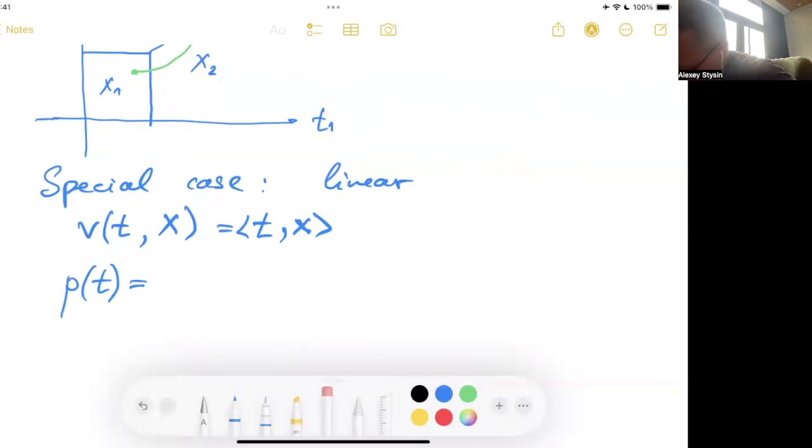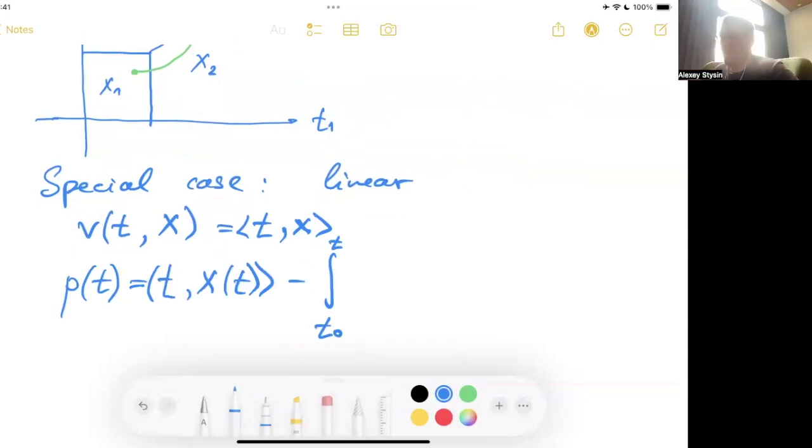So this is going to be t scalar product x of t minus integral from some t0 to t. And we need to take the gradient of v of t with respect to the first argument, which basically leaves us with just x of s ds.